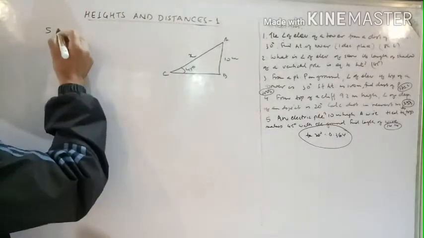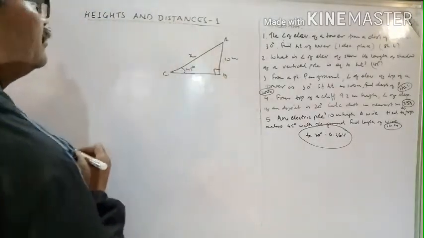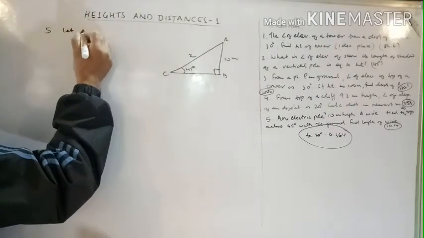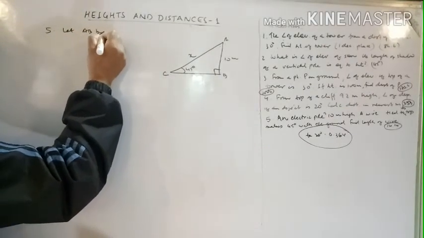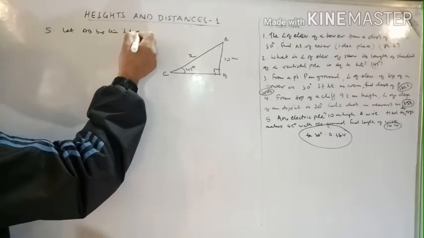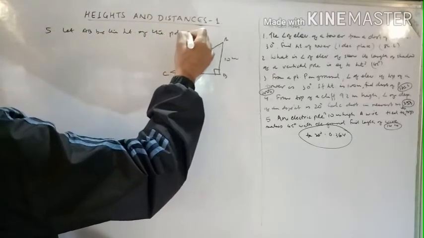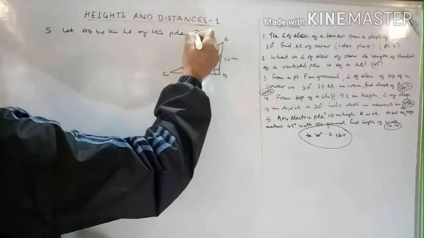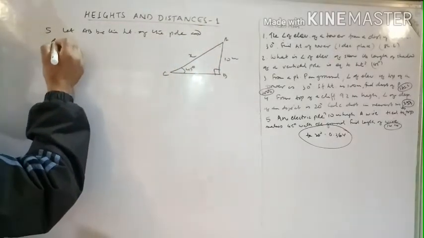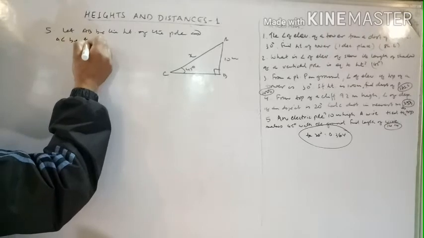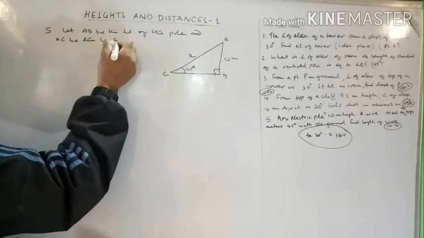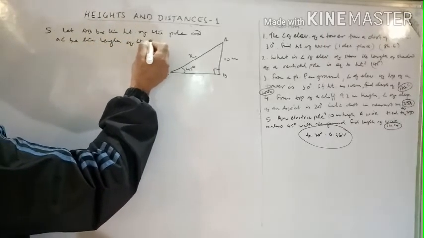So define the diagram. This is vertical, so 90 degrees. Let AB be the height of the pole and AC be the length of the wire.